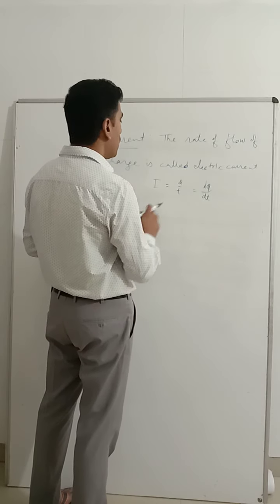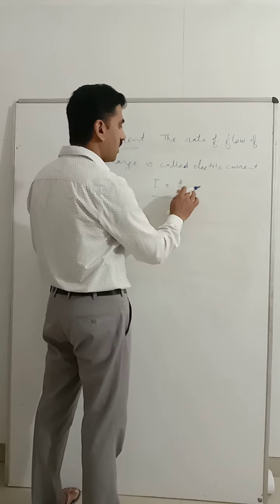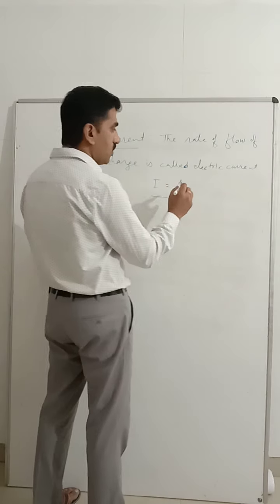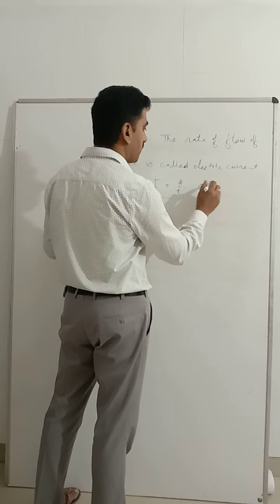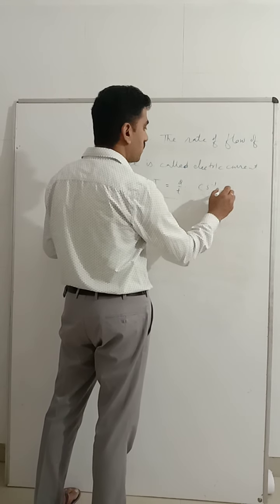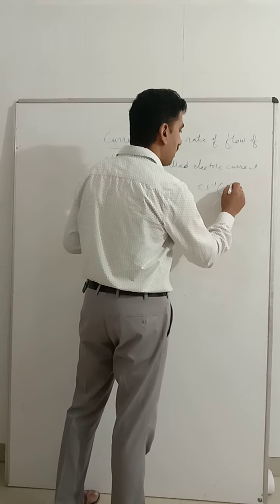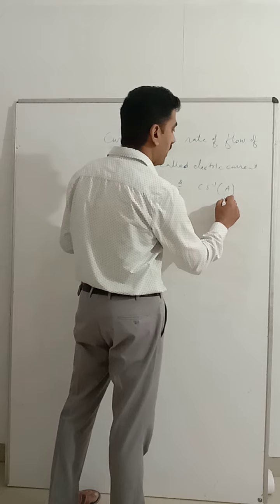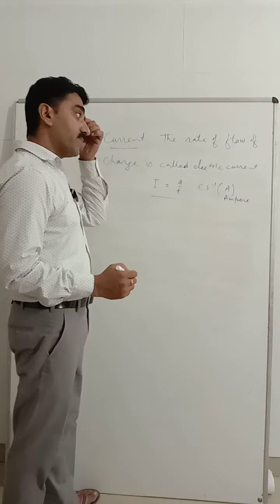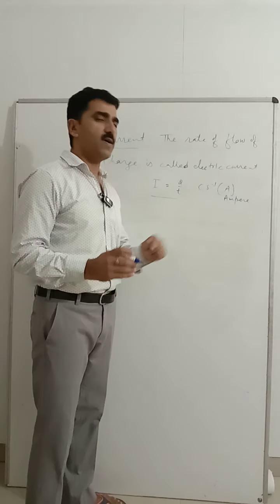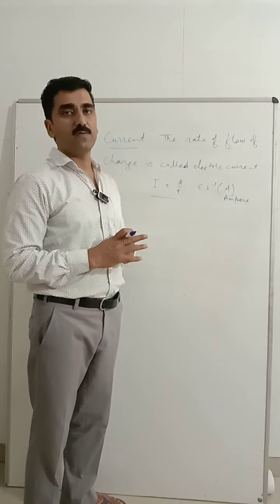For class 10th it's enough. So Coulomb per second is the SI unit, or we call it ampere, A-M-P-E-R-E. Generally we write the SI unit of current is ampere.